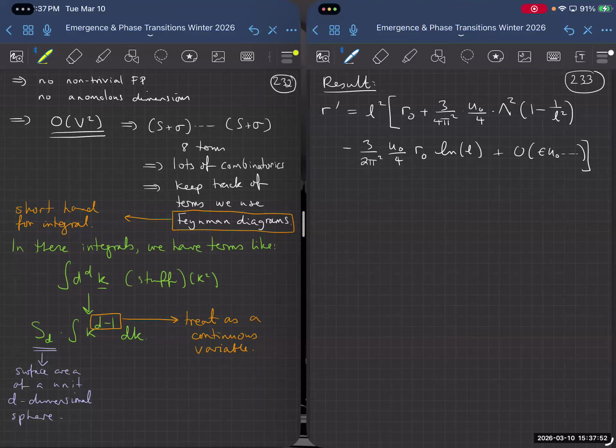That's the term for R prime, and U prime over 4 is equal to L to the power epsilon times U naught over 4 minus 9 over 2 pi squared times U naught over 4 squared times the logarithm of L, plus order epsilon squared.